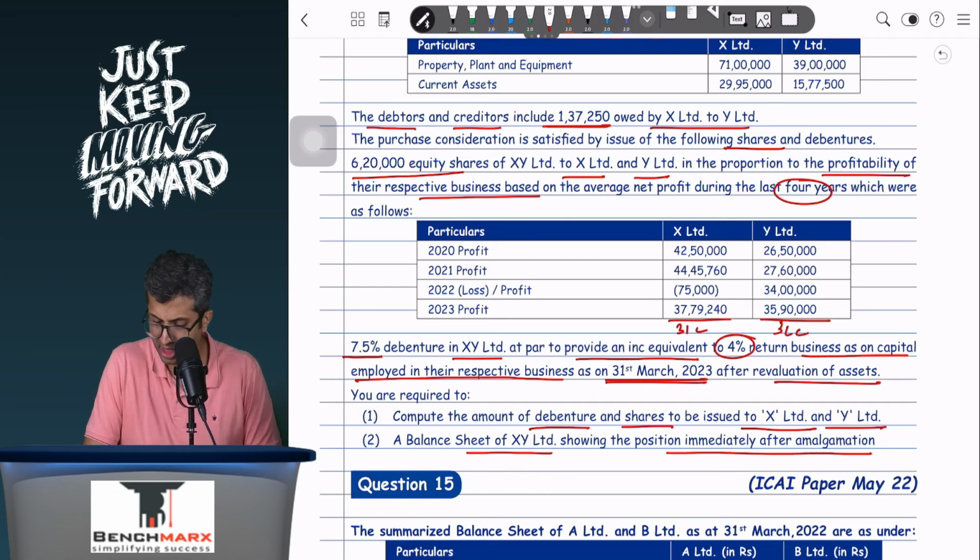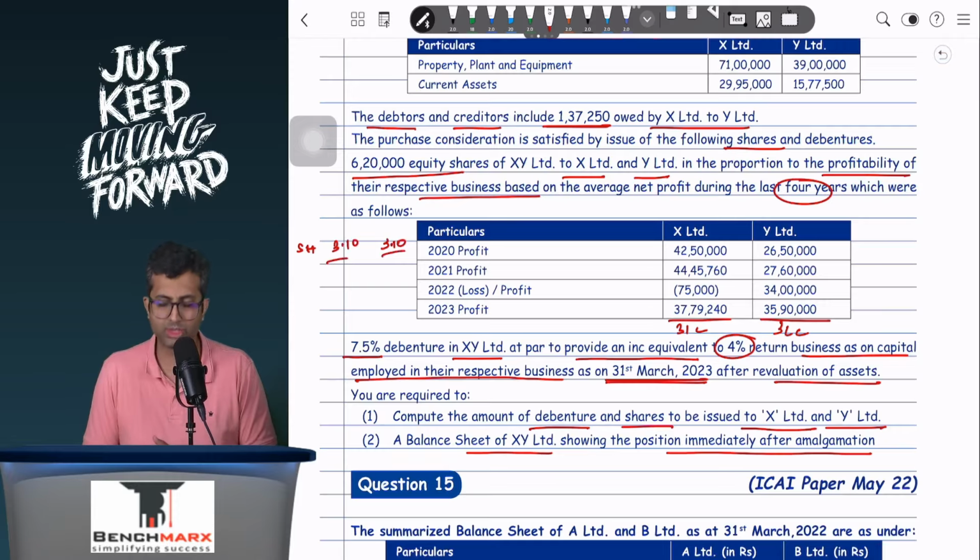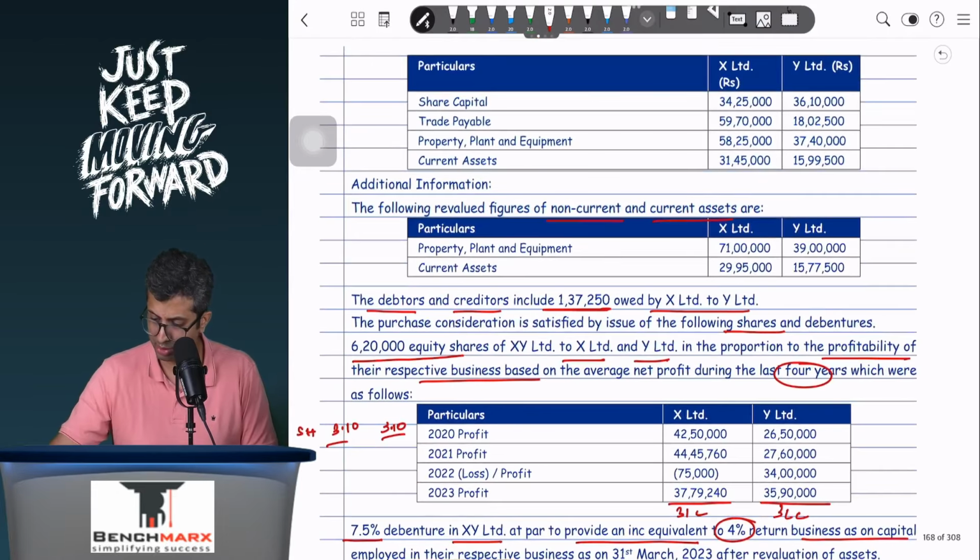So we can say shares would be 3 lakh 10,000 and 3 lakh 10,000. Can I say an equal number of shares to be allotted of rupees 5 each? And when it comes to debentures, your return is 71 lakhs plus 29, 71 plus 29, 95 minus 59, 70.